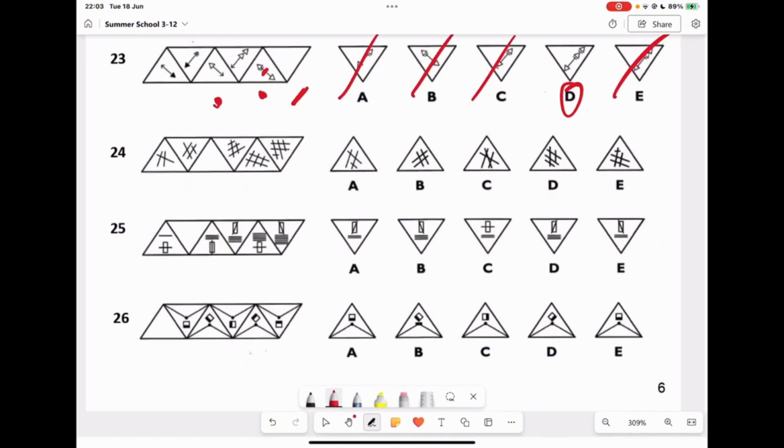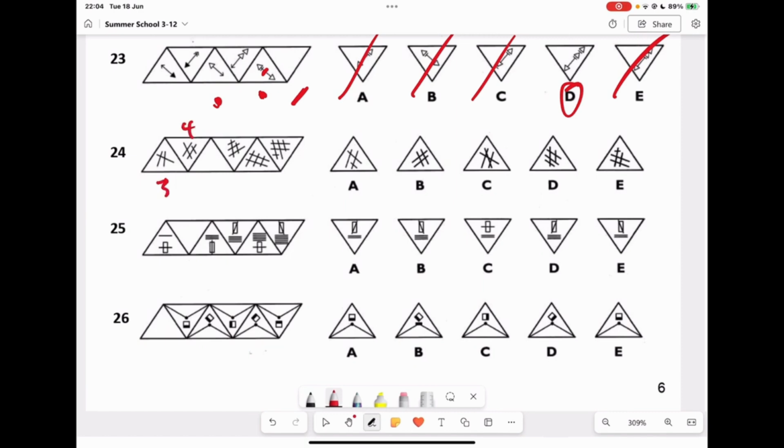Okay, now we have our last few questions for MVR. We can see that there are two lines in our first shape, and then these two lines also have one more line added. Okay, so we're going from 3 lines to 4 lines. So 3, 4, so we could assume 5 in ours maybe.